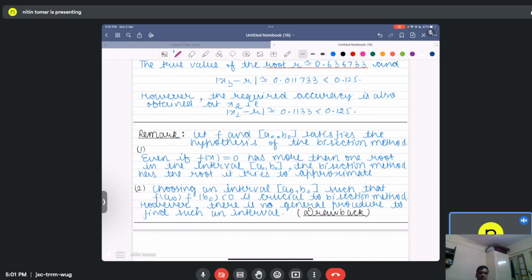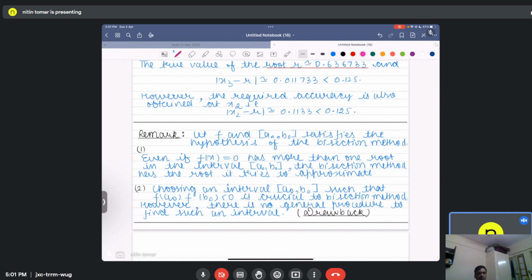Later on we'll see some other methods, maybe, if time permits, the regula falsi method, but more importantly we would like to discuss the Newton-Raphson method and the secant method, why those methods work the way they do, and what are the error estimate, the order of convergence, and the rate of convergence.